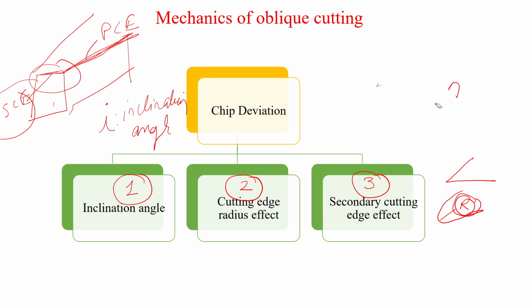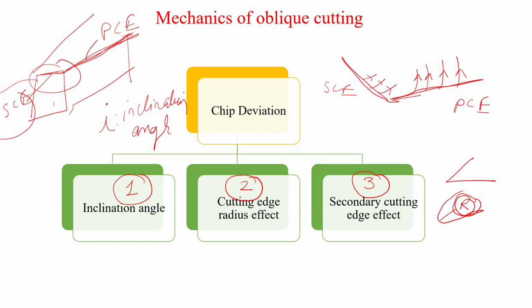See, this is the major cutting edge, PCE, and this is the secondary cutting edge, SCE. After cutting here, for example, some chips are coming. It has some direction. Now from SCE also small or minor chips are coming.